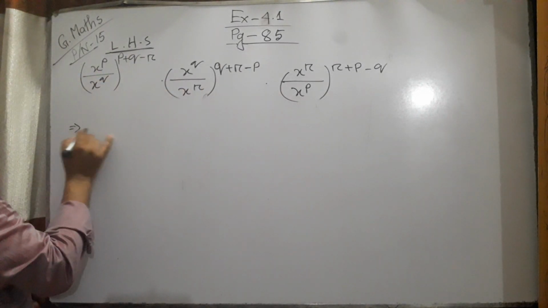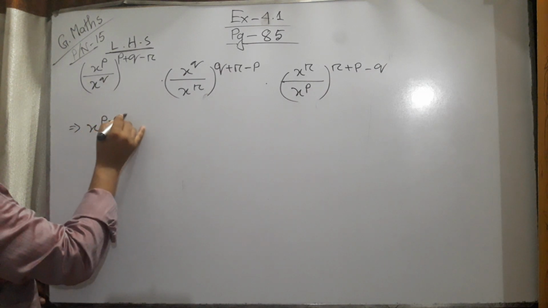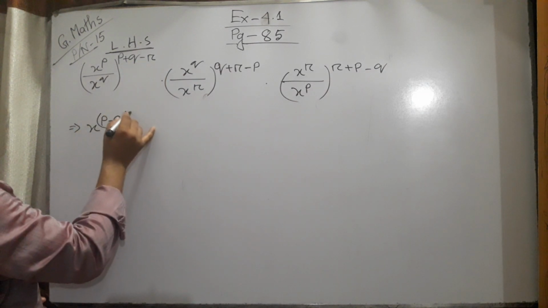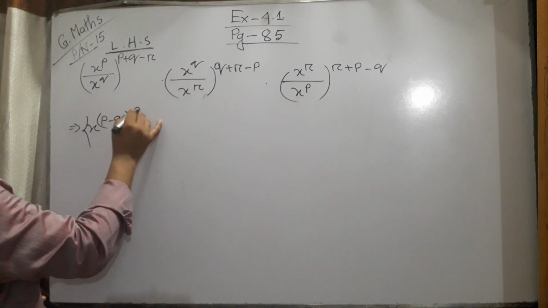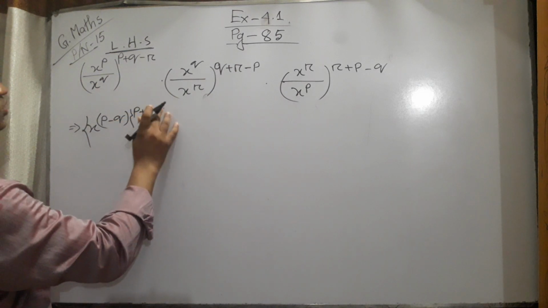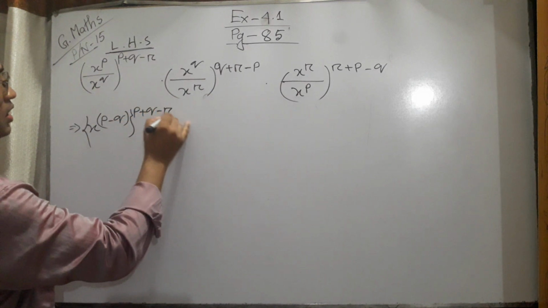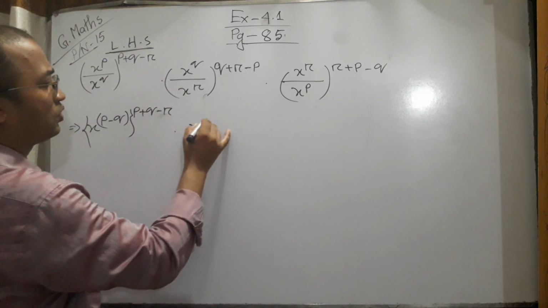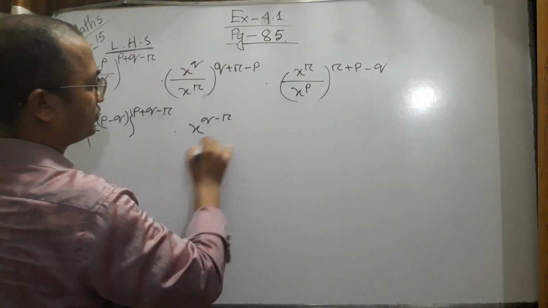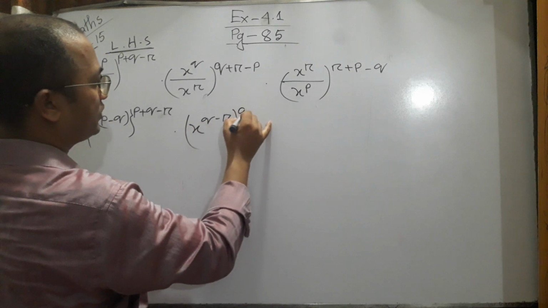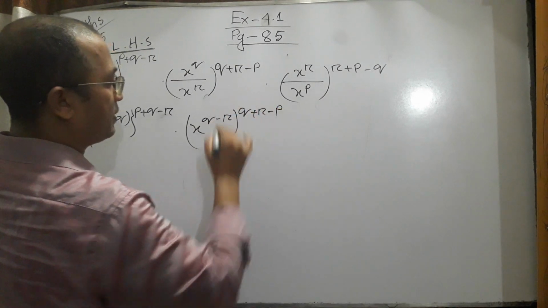Here it will be p minus q and p plus q minus r. Again it will be q minus r, q plus r minus p.